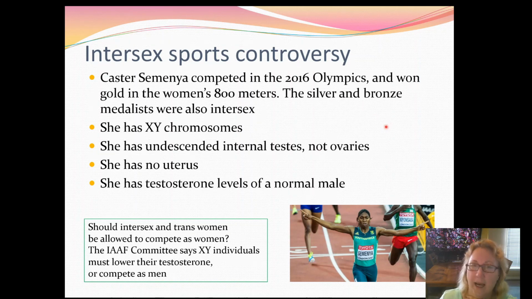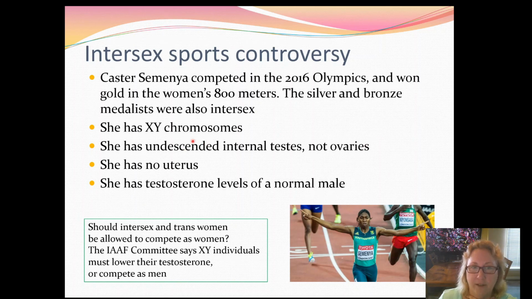And when we say high, we don't mean testosterone levels that an XX woman might have if she has PCOS or some other medical condition. No, we mean high testosterone, they have hormone levels that you would expect to find in a normal man.